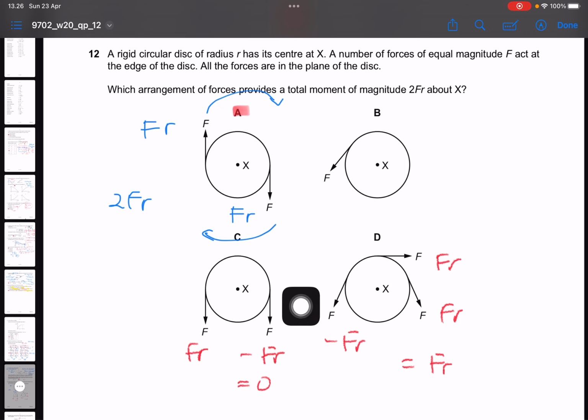But this one is 0, because the rotations are in opposite directions. This one is anti-clockwise and this is clockwise, so FR minus FR becomes 0. How about this one? This one is F times R plus F times R minus F times R, so it equals FR. So the answer is A.